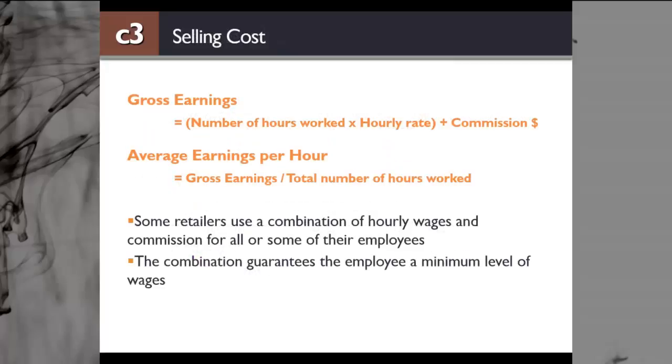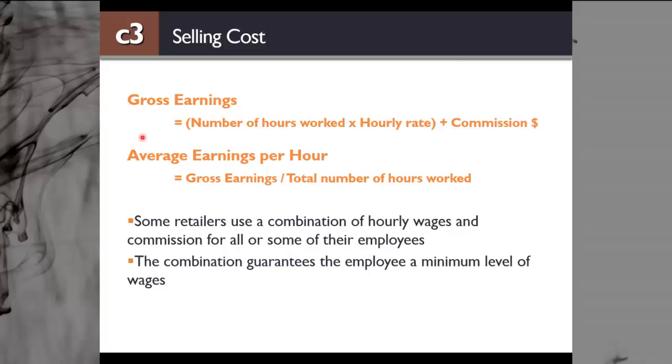Okay, and let's look at gross earnings and average earnings per hour based on the concept of selling cost. If you have commission as well, not just being paid by the hours that you work, you can calculate gross earnings. If you don't have commission, you can simply not include it, right?